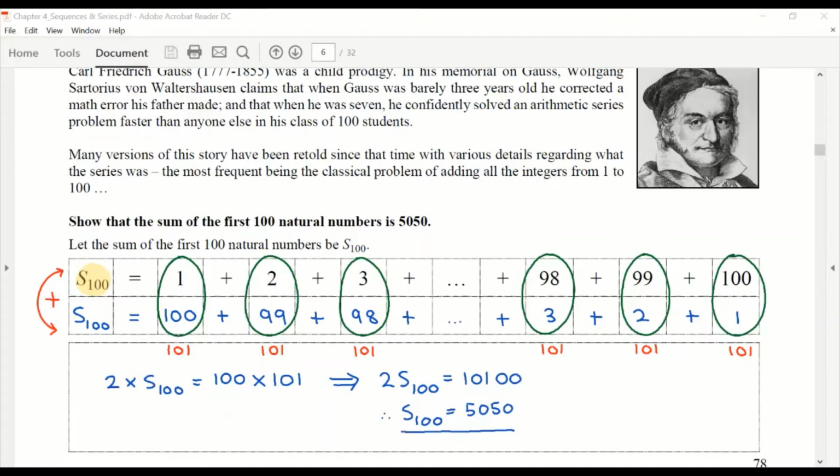Isn't that amazing? Just to recap what we did, we wrote the series backwards, and we added each adjacent term, and we noticed that they were all 101. We have 100 of these 101s when we combine the two series.